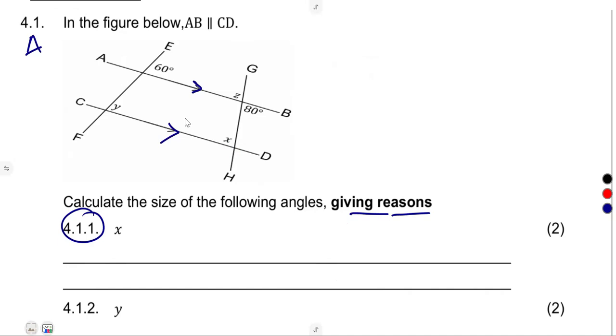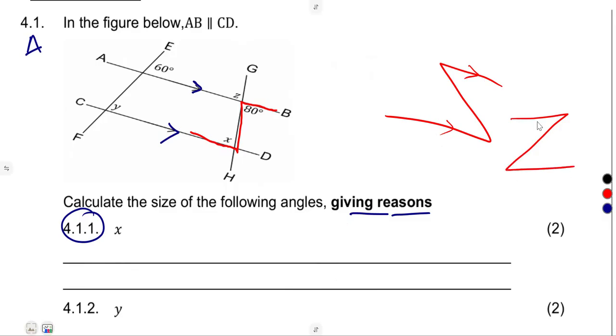As we are given that these lines are parallel, we can see that the x and the 80 degrees do form a Z, alternate angles. Where a Z is formed, we have alternate angles which are equal. So x and 80 degrees will be exactly the same. So x is equal to 80 degrees.